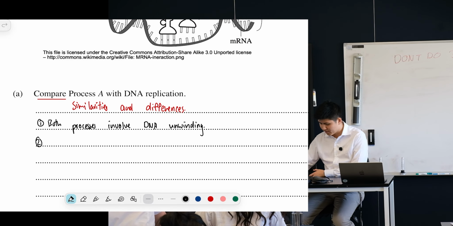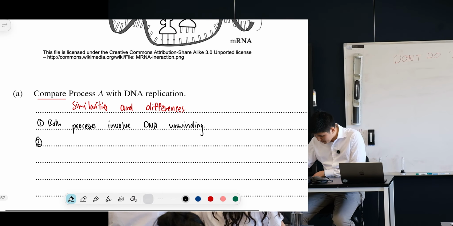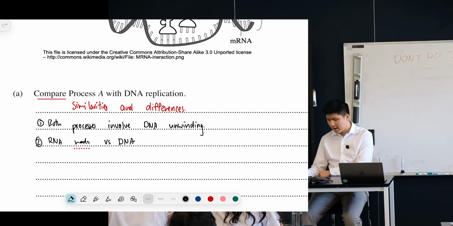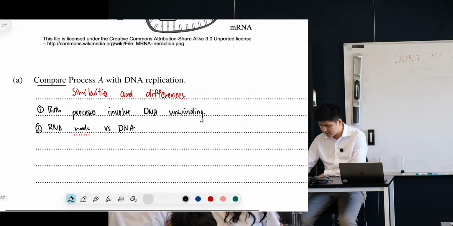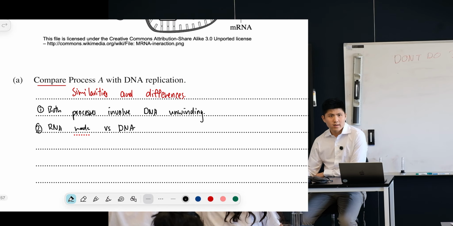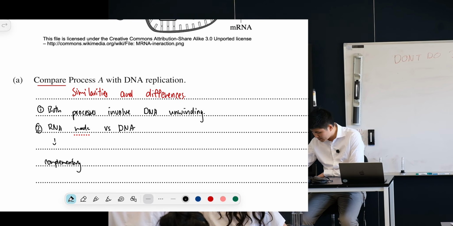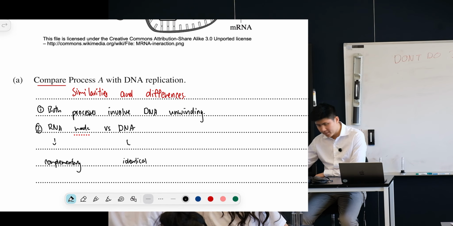I can also mention my difference now. So RNA made versus DNA. And I could also mention that maybe the RNA is complementary while the DNA is identical in DNA replication.